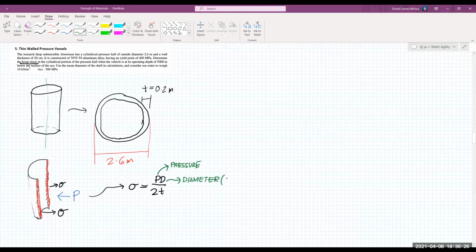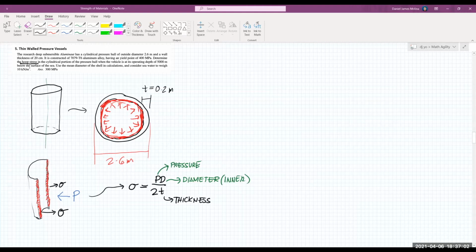It's actually the inner diameter, since the pressure will act somewhere at this portion of the tank, as you can see from the figure. So the pressure will act like this. I'll just sketch the forces. It will look like that. So we will use the inner diameter, and of course, T here is the thickness of the wall.